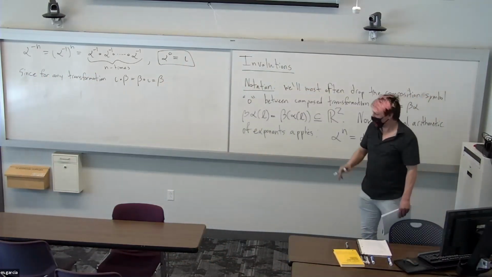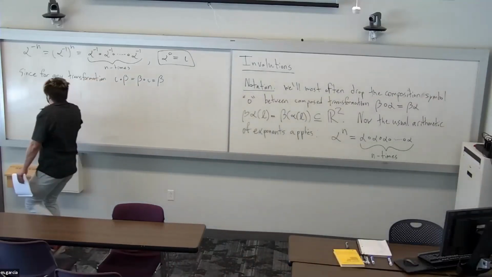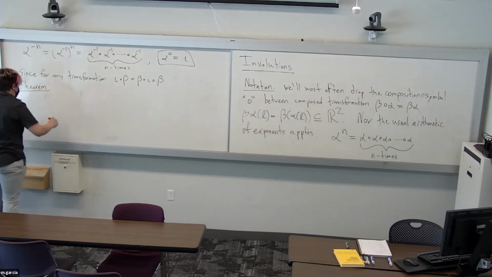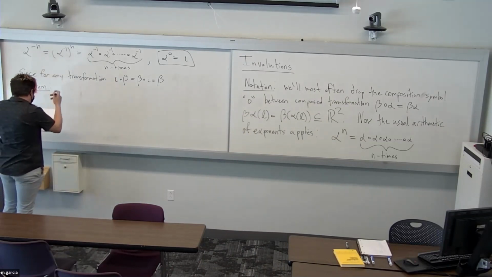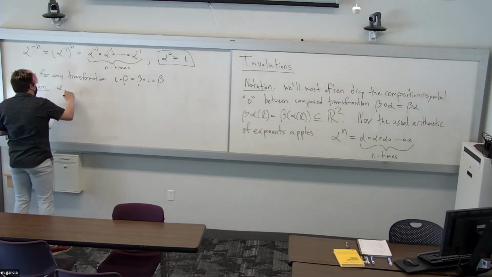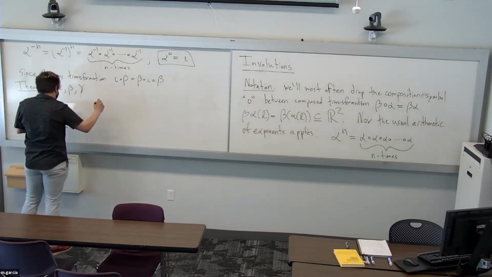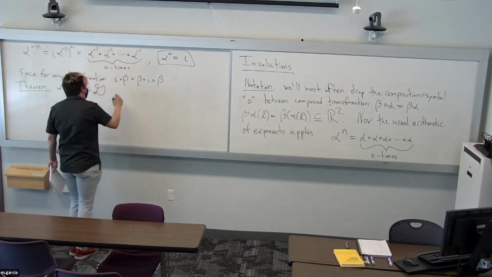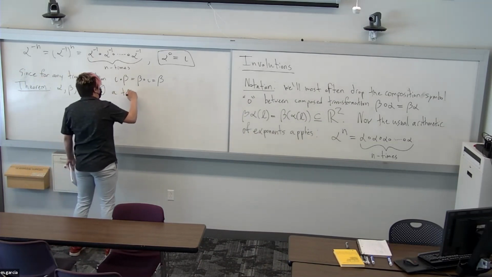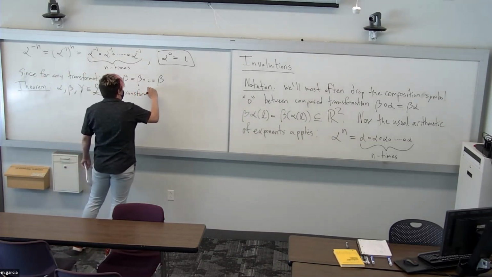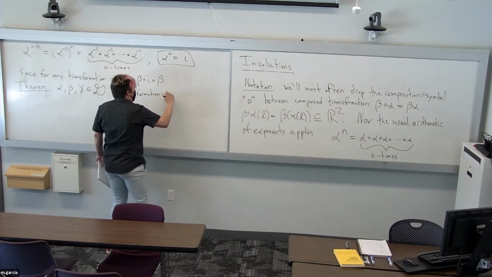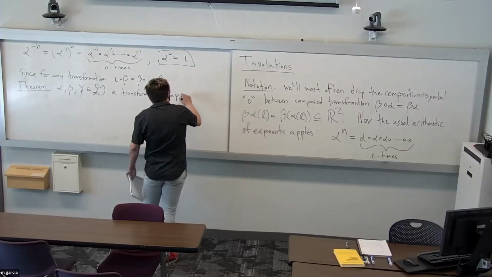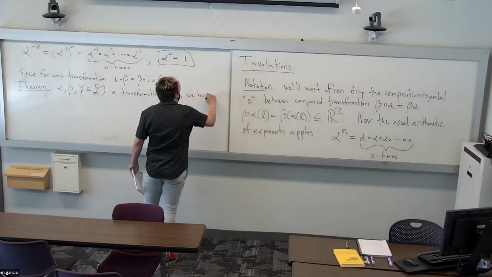So, here's the theorem. I think I'm at a high risk of repeating myself here, but that's okay. For alpha, beta, and gamma, elements of script G, a transformation group, we have the following.